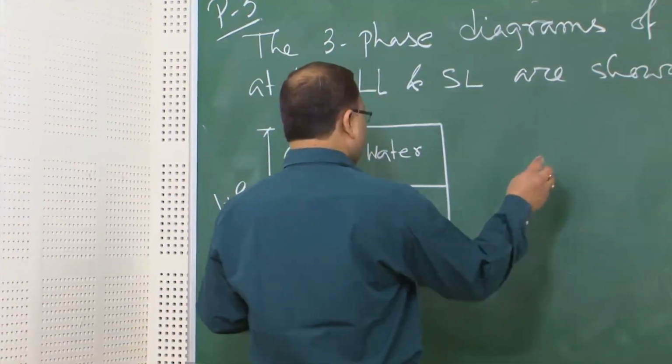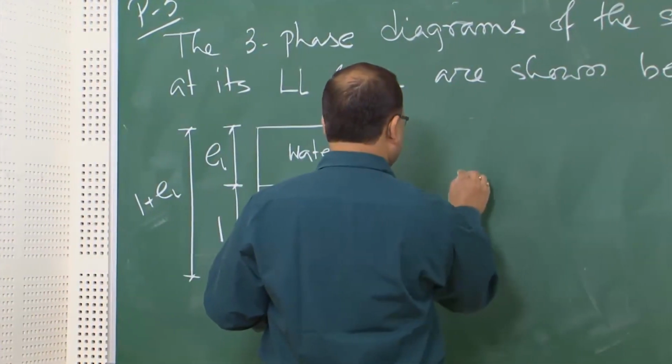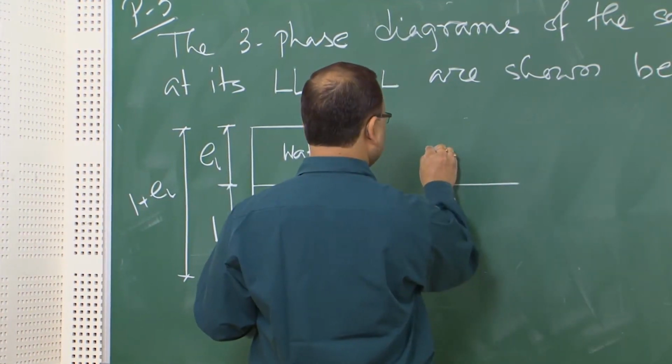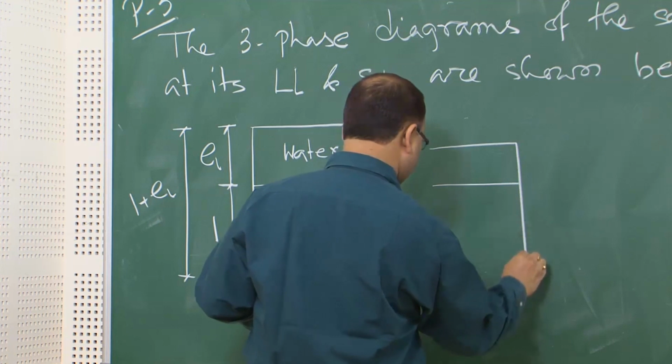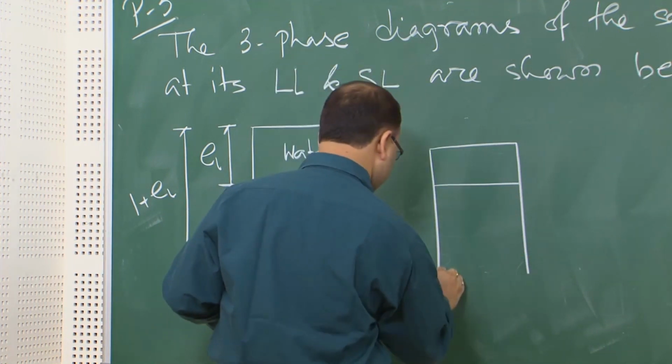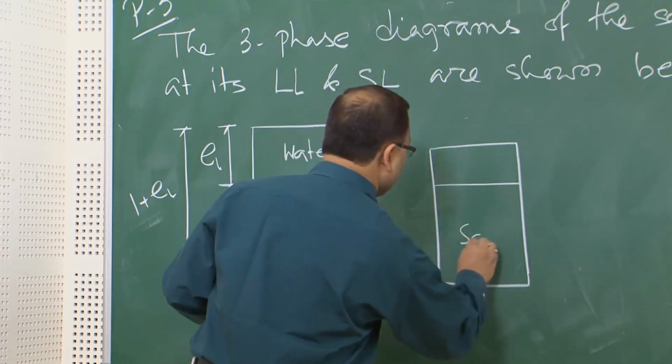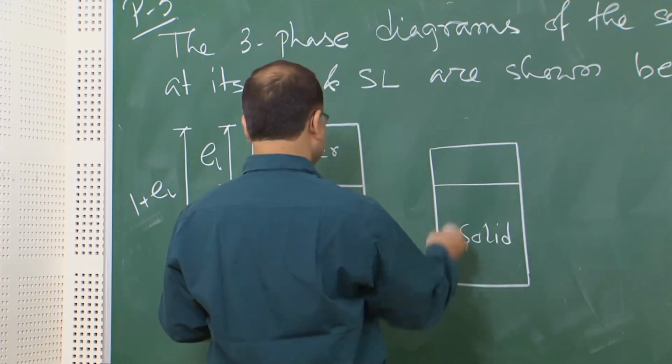Similarly, if I draw the phase diagram at shrinkage limit, this is your solid, this is your water.